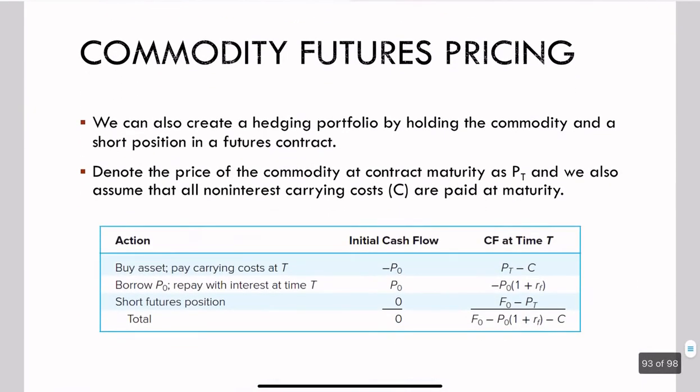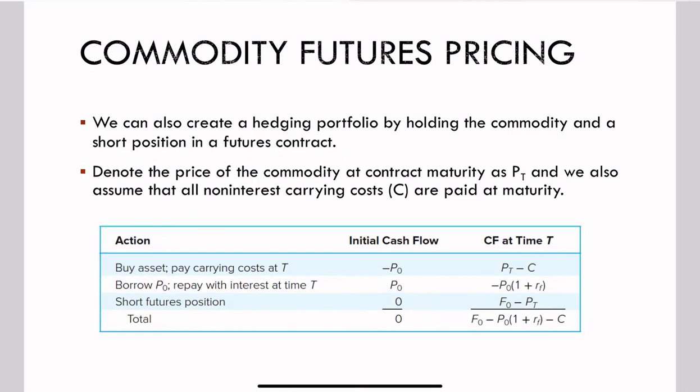Okay, a second way to think about the pricing formula is to use the hedging portfolio. So let's say now you have a long position in this commodity. If you want to hedge against future price movement, then you should take a short position in the futures.